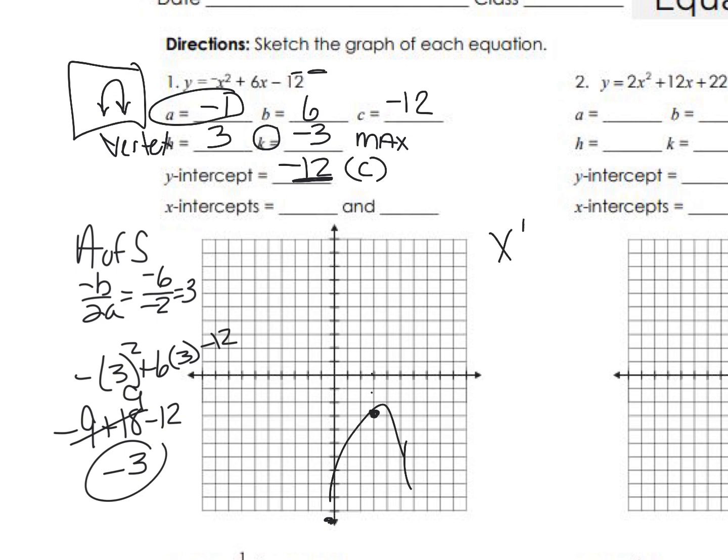So you can look at a table, okay? If I'm able to use my graphing calculator, the easiest thing for time purposes is to go into your graphing calculator under y equals and put in negative x squared plus 6x minus 12.